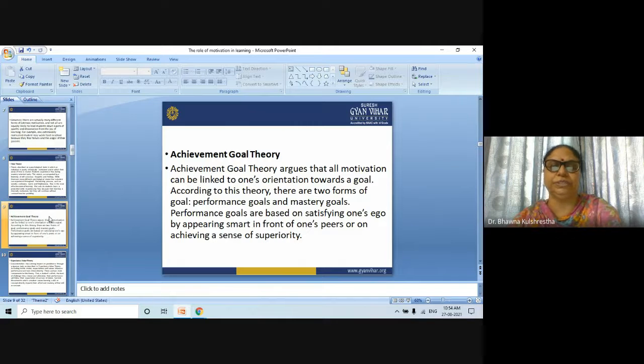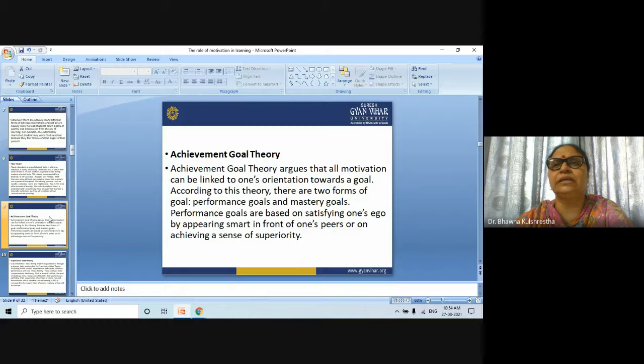According to this theory, there are two forms of goal: performance goals and mastery goals. Performance goals are based on satisfying one's ego by appearing smart in front of one's peers or on achieving a sense of superiority.